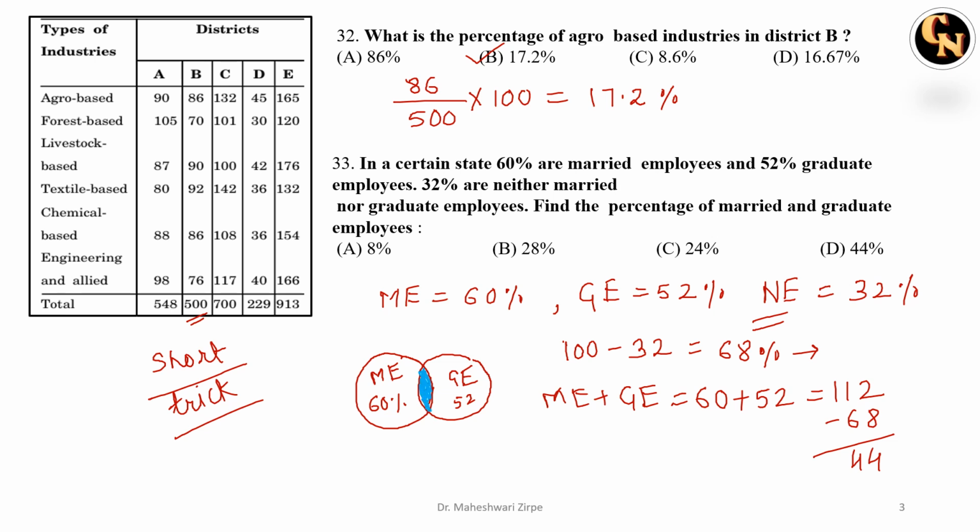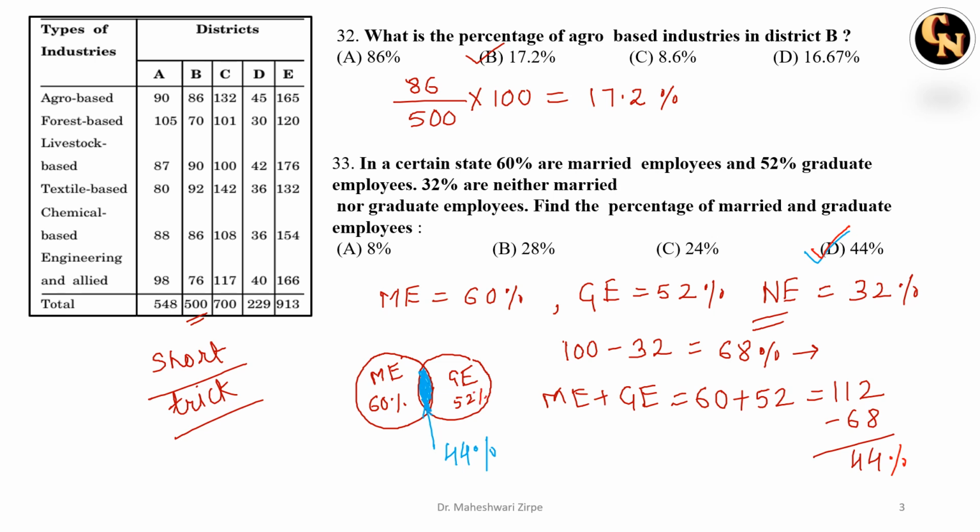So this comes out to be 44%. That means your option D is correct. Option D is your correct answer. So this is how you have to find it out. You just have to make the total of 60 plus 52%, because we are talking in terms of percentage.